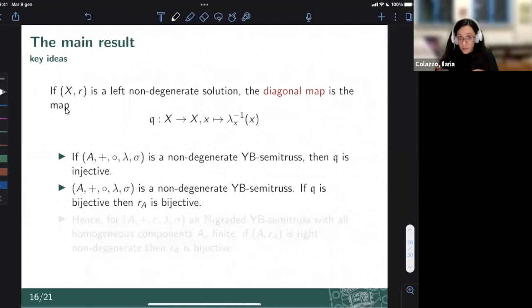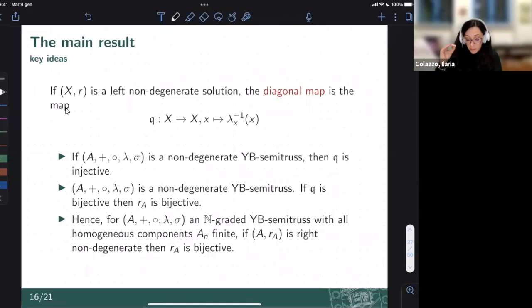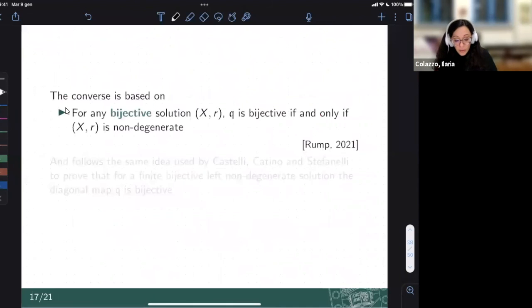This was proved by Rump, and we can mix these two results to say that for an n-graded YB semitruss with all the homogeneous components finite, in particular the structure monoid of a finite left non-degenerate solution, if the solution is right non-degenerate, then it is also bijective.